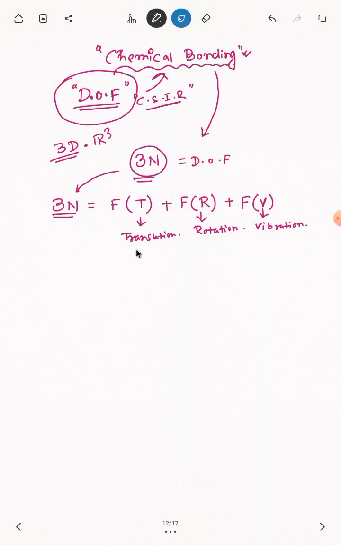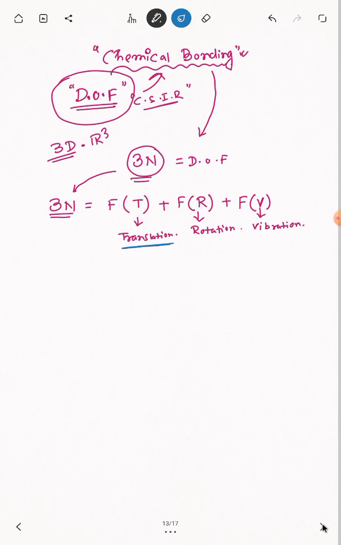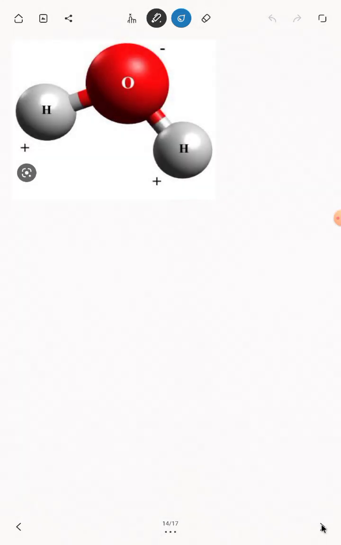See, what is translation? For that, we should see a particular chemical bonding. This one, H2O. As we all know, without it, no animal can live, no plant can live, etc. So this is a necessary thing in our life. H2O, that means water.